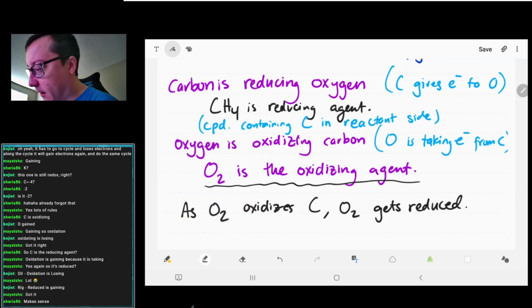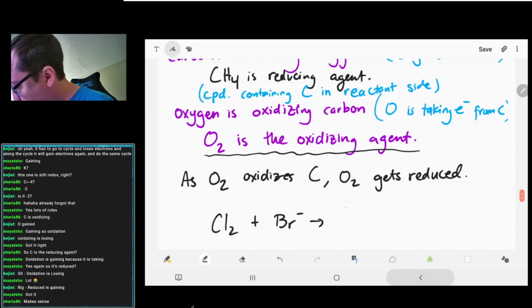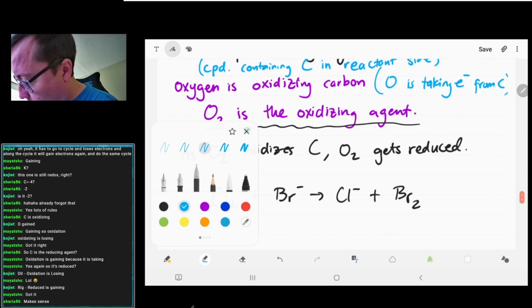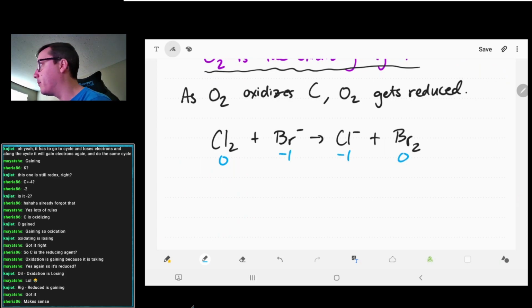Let's go way back to our favorite equation of all time. We already calculated the oxidation numbers for this, whether we knew it or not.